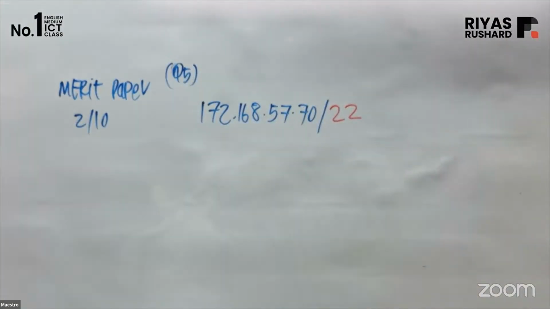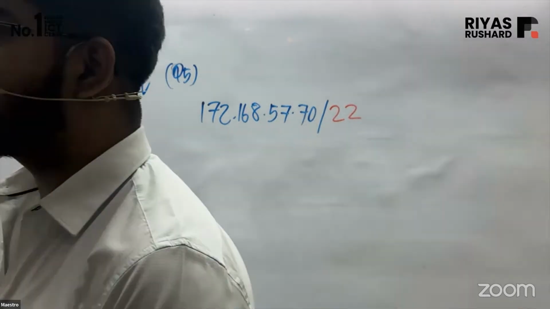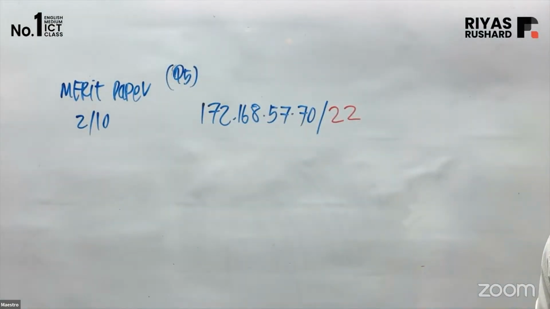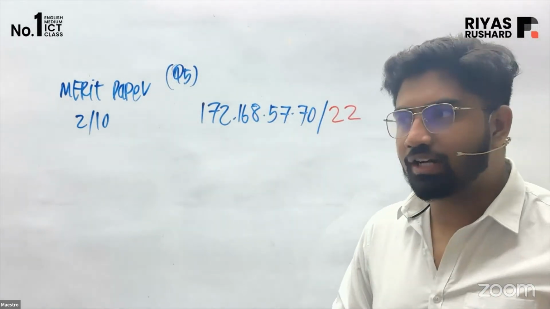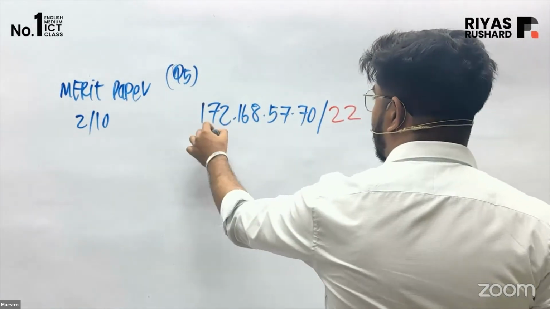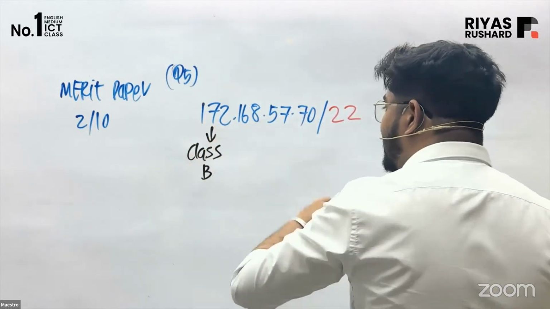So my question for you guys is, what is the class of this IP address? What do you think about the class of the IP address? We'll break it down and ask the question. Class C? No, it is class B.